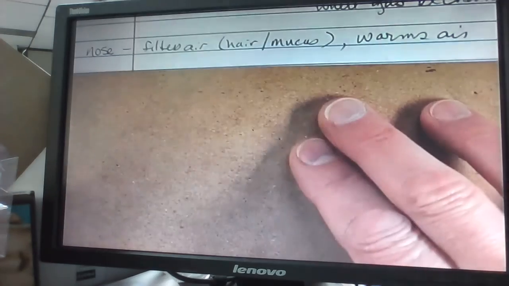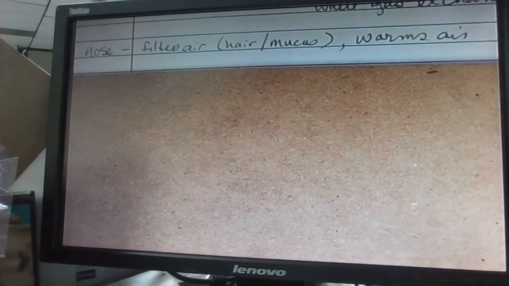It filters the air that you breathe, and especially that mucus is going to trap pathogens before they get into your body so your body can destroy them. Oh, and it warms the air, and it also moisturizes it too. So it adds a little bit of humidity to it. Warms it up and a little humidity, so it's not a big shock to your lungs having dry, cold air.